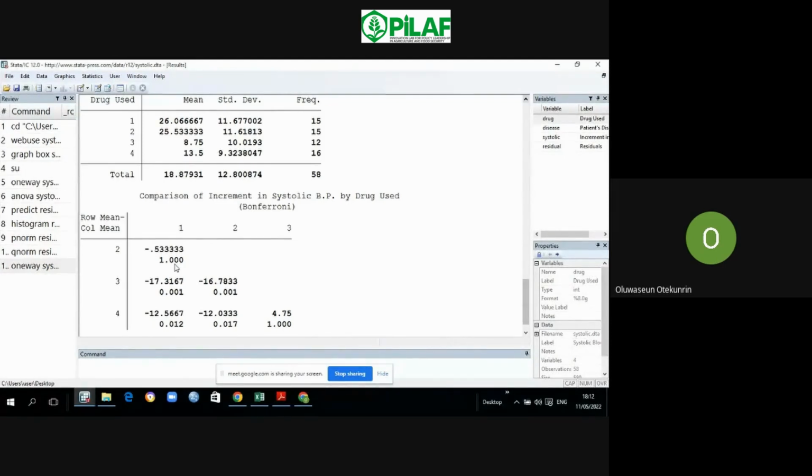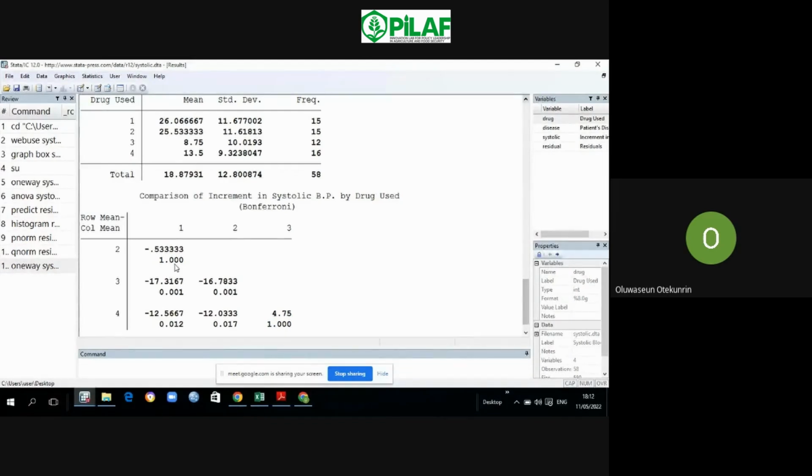Immediately after that, you see 0.001. That's significant if you compare it with our upper level. So drug 3, on the average, has a lower mean score than drug 1, and that value is statistically significant.